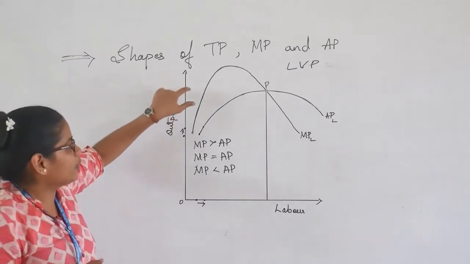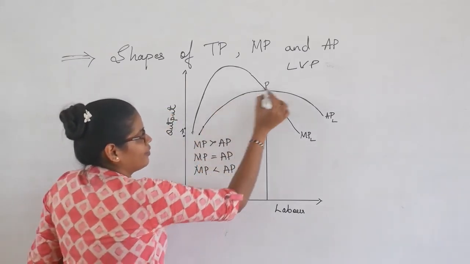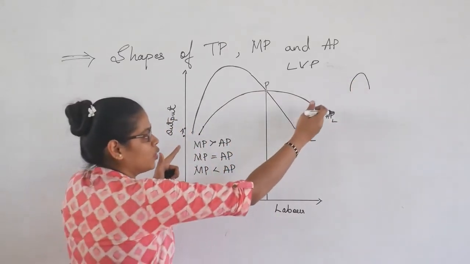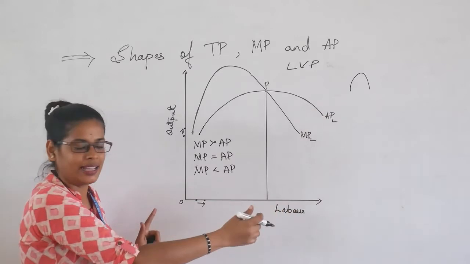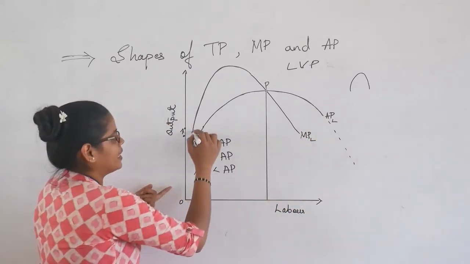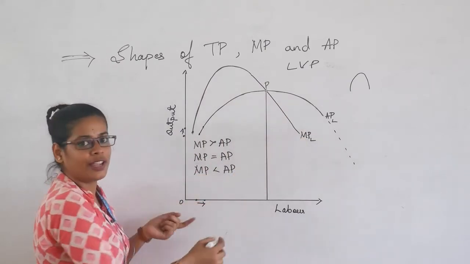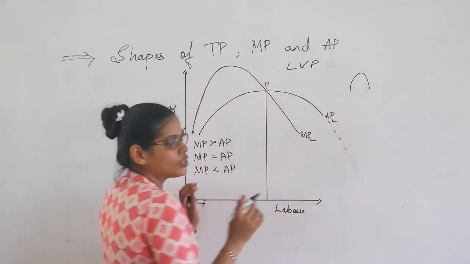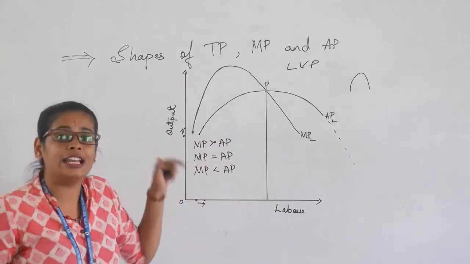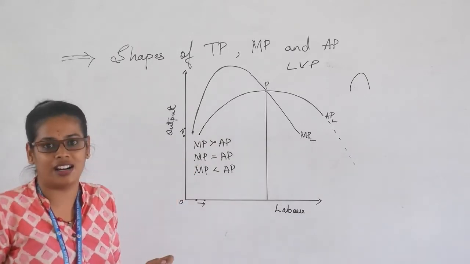So here you can see that this curve is also in the shape of U. Okay, as you extend these two lines, it becomes U in shape, right? Here also you can see that the curve of the MP is also in U shape. So you can say that the law of variable proportion has inverse U-shaped curves.